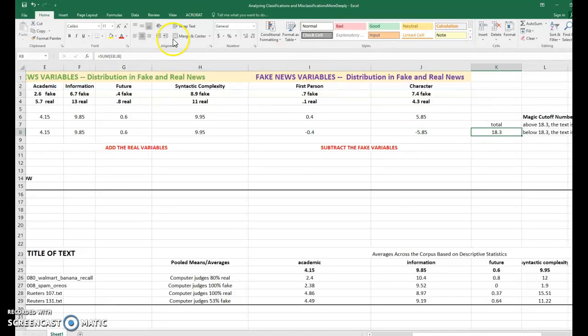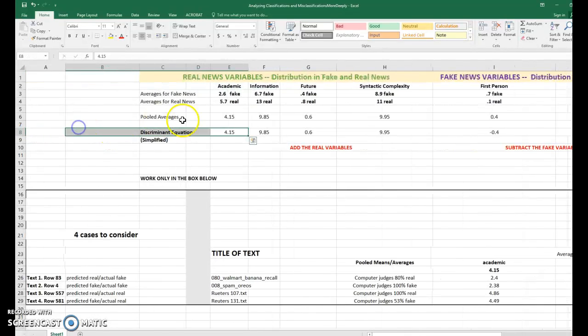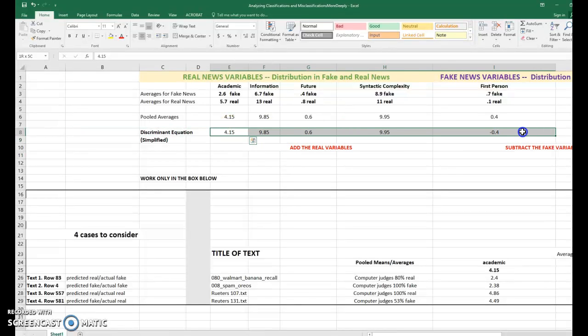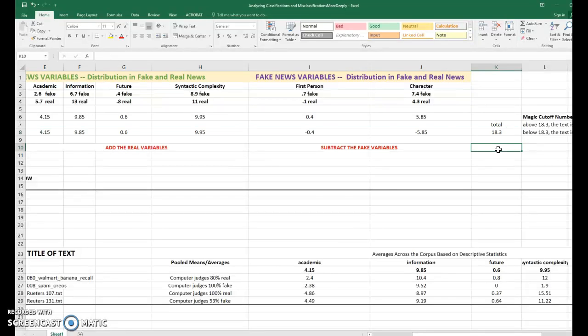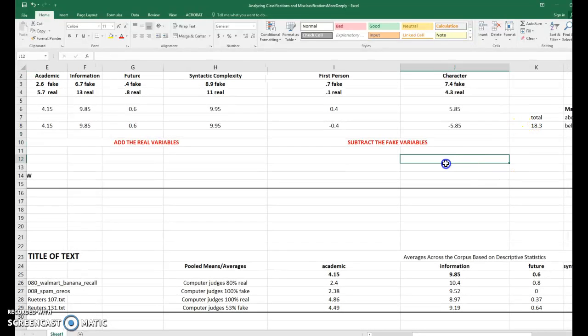You can see this 18.3 is just the sum of these numbers. You add and subtract the fake variables, so you get 18.3. That's a perfect borderline cutoff. That will be our magic cutoff number.